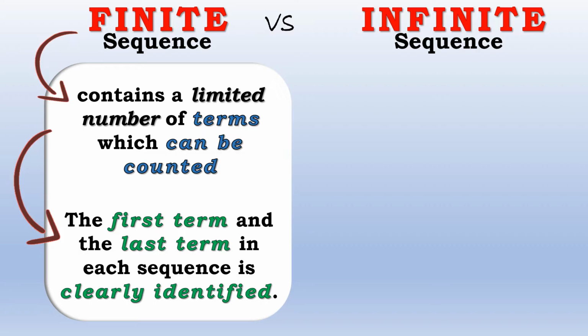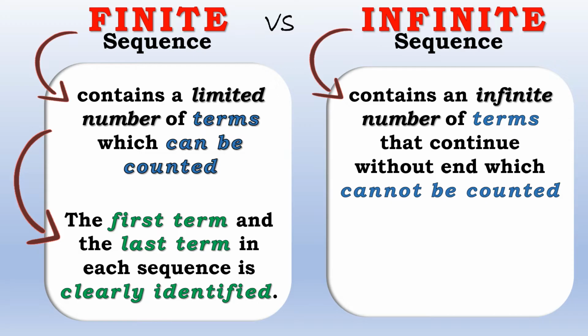Paano naman ang infinite sequence? So, opposite siya ni finite. So, ang ating terms ay hindi kayang bilangin dahil hindi natin alam kung saan siya magsisimula o saan siya magtatapos.